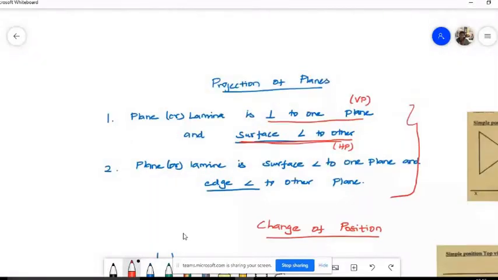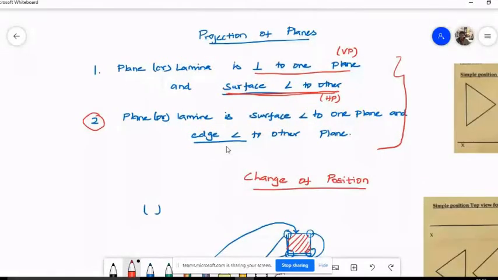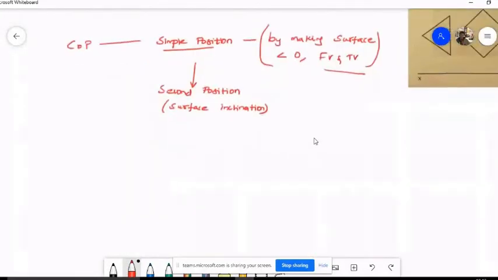Whereas the second category of problem is where the lamina has surface inclination to one plane and edge inclination to the other plane. That means it has one more inclination. So when a problem has edge inclination, you need to do one more drawing, called the final position, where you apply the edge inclination.